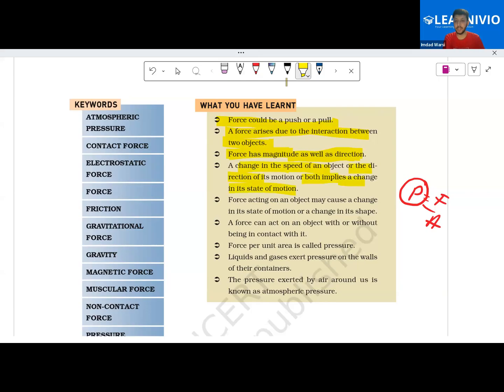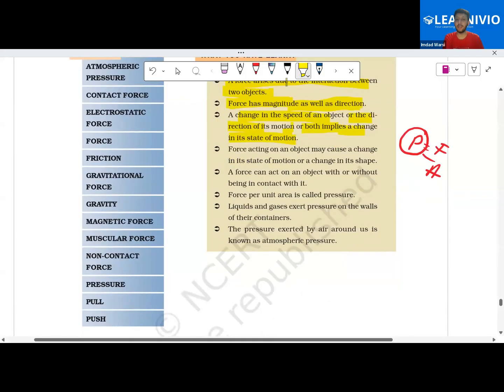Change in the speed, direction, or shape of that object means there is a change in state. A force acting on an object may cause a change in its state of motion or a change in its shape.